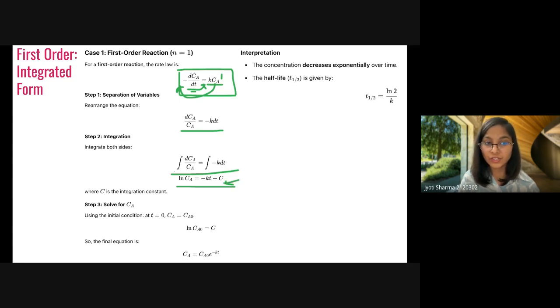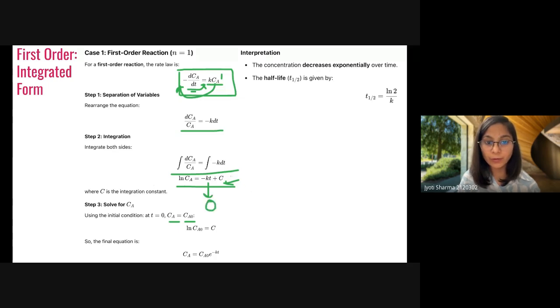a constant of the integration. Okay, but we know that at time t equal to 0, our concentration of reactant was CA0, the initial concentration. If we put the initial concentration here, then t is 0, so this term will become 0.